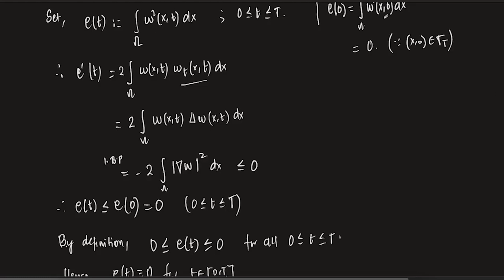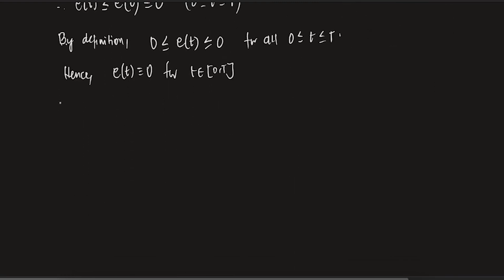It has to be, right? Because if w square is positive in some open set contained in omega, then the total contribution to E of t will be positive. That is not happening here. So hence w, which is given by u minus u tilde, is going to be 0 in omega t, which will imply u is u tilde in omega t. I hope this is fine.